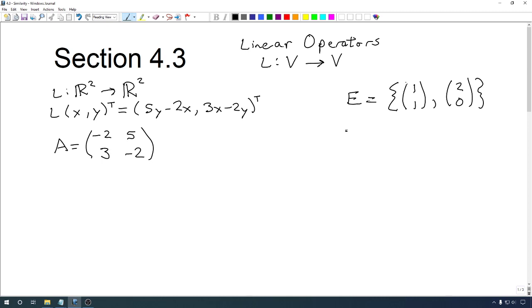Now this is a little bit more complicated to do directly. We actually have to go ahead and plug these things in and see what we get. It's a little harder to just eyeball it. So I'll go ahead and plug 1, 1 into our linear map. We'll replace x and y with both 1s. So 5 minus 2 will give us a 3. 3 minus 2 will give us a 1.